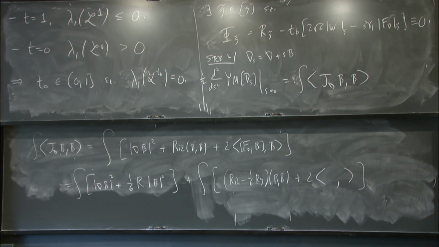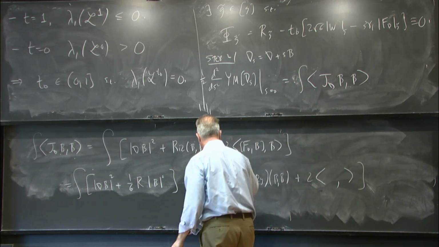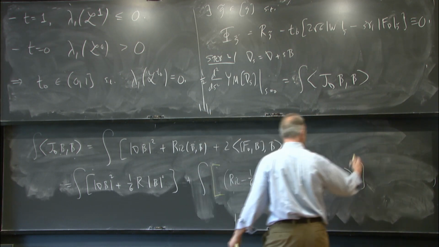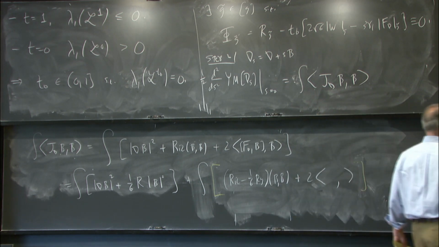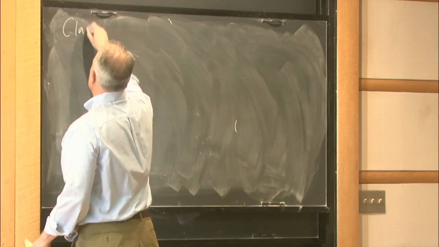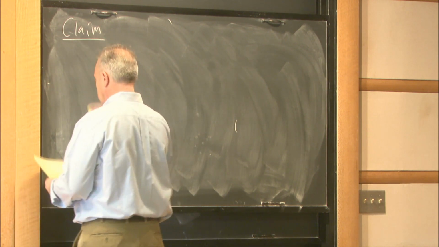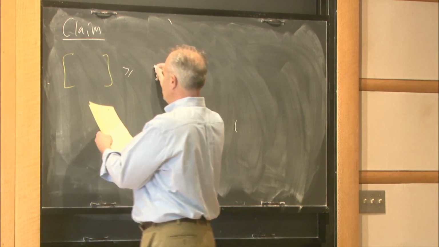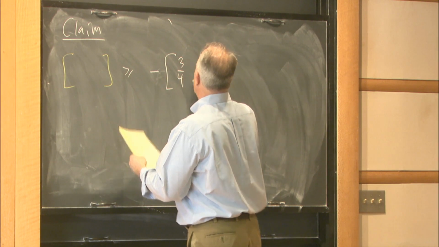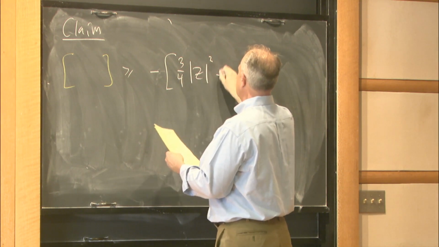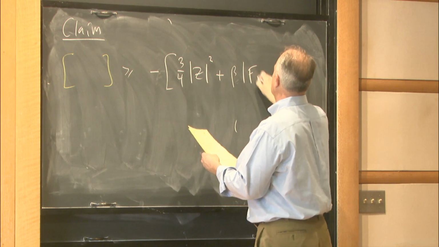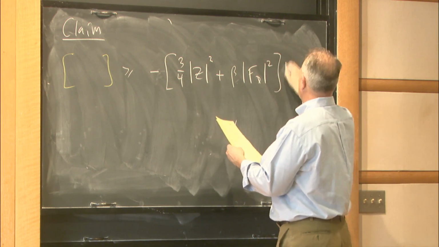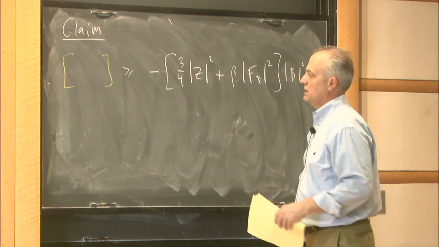But I want to estimate all these terms. So if you do that, what you get is, let me put this in yellow. So I want to estimate all the garbage in yellow here. So the claim is that all this stuff in yellow is greater than or equal to, you have a very simple estimate, minus 3/4, let me call it z squared, I'll tell you what that is in a second, plus some other constant, I won't tell you, but it's explicit, times b squared.